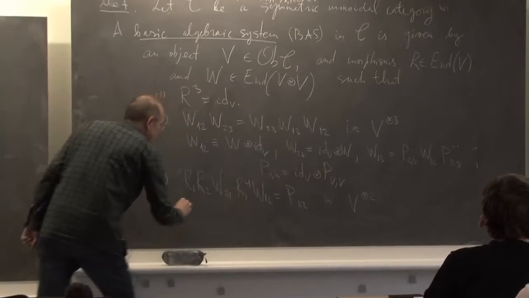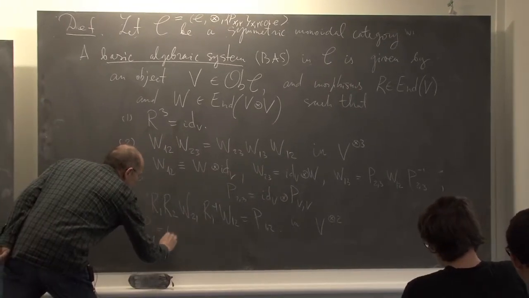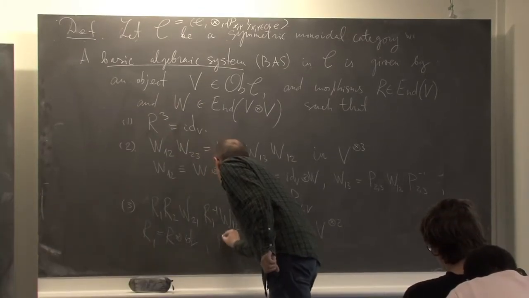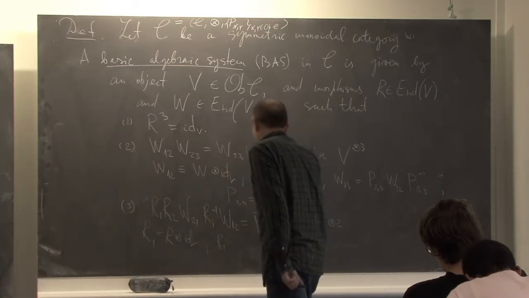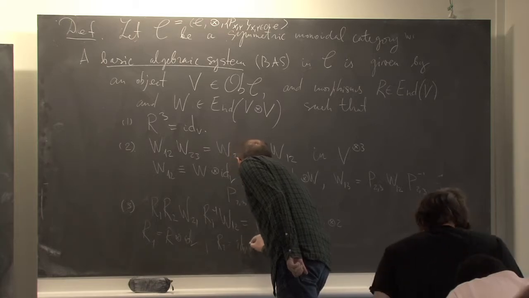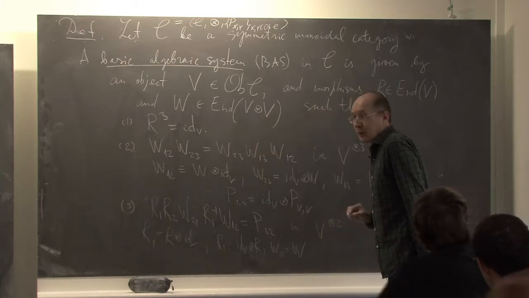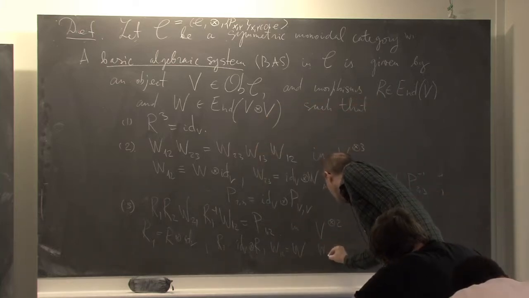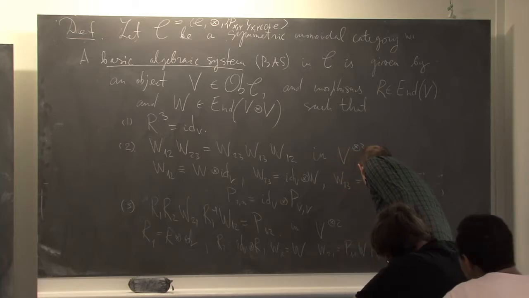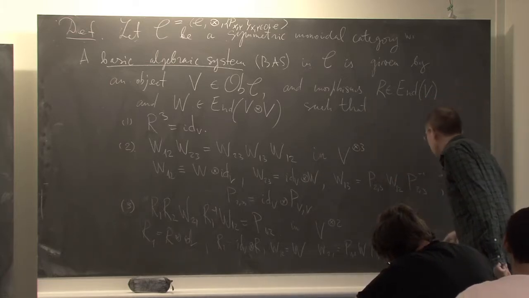So this is in V tensor 1, so R acts just on one copy of V. So R1 is R tensor identity on V, R2 is identity on V tensor R. W12 is just W, and W21 is P12 W P12 inverse, but the inverse is the same as P because it is symmetric.